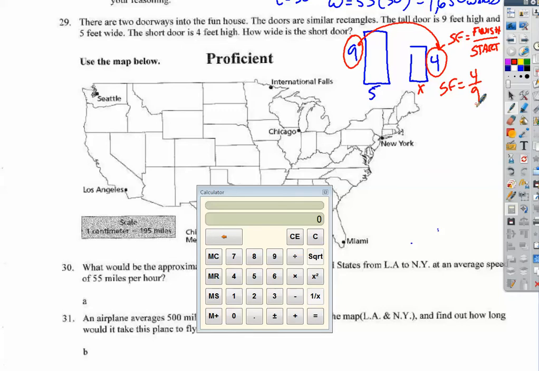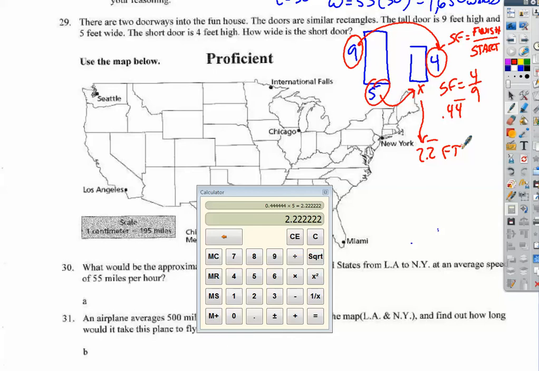So that's 0.4 repeating for those people who know their decimal equivalents quickly, but I could just divide. And so then I need to multiply the scale factor times the corresponding side length for x, which is 5. So I'm going to do this 4 ninths times my corresponding side length, which is 5. And so this door is going to be 2.2 repeating feet.